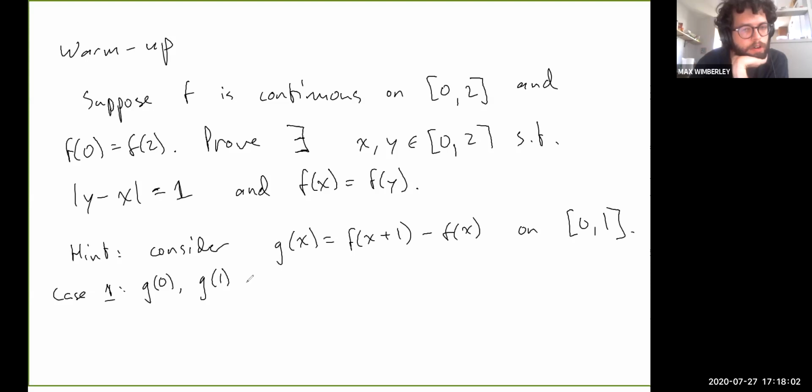Is that right? Oh, right, because f(0) equals f(2). That's right, okay. So if G(0) and G(1) are both non-zero, I forgot about this f(0) equals f(2) thing.